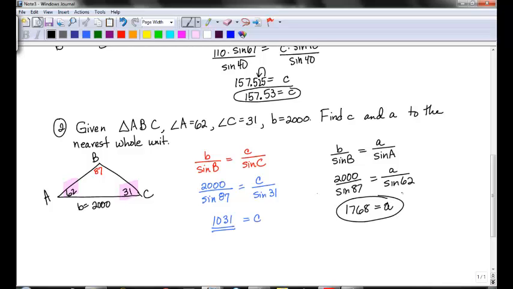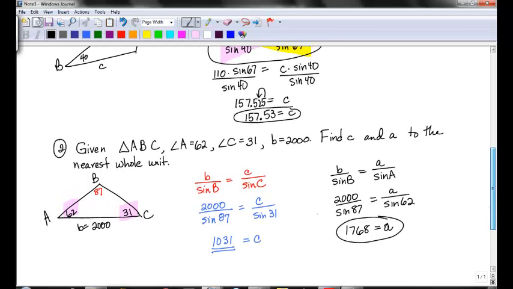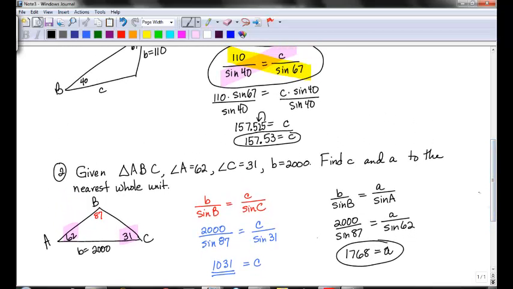Now, this is the part where I always stop and look at this problem. We used sine, the trig function sine. What's the definition of sine? Opposite over hypotenuse. Is there a hypotenuse in there anywhere? We don't have a right triangle. Does that bother anybody?